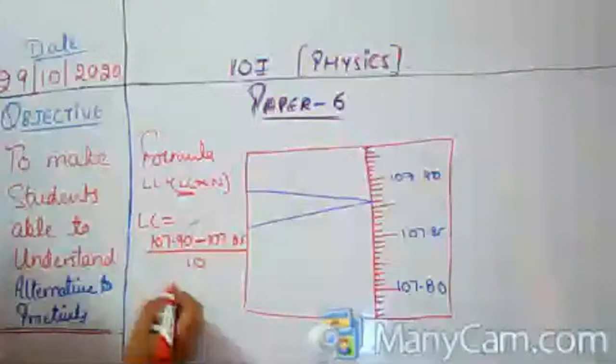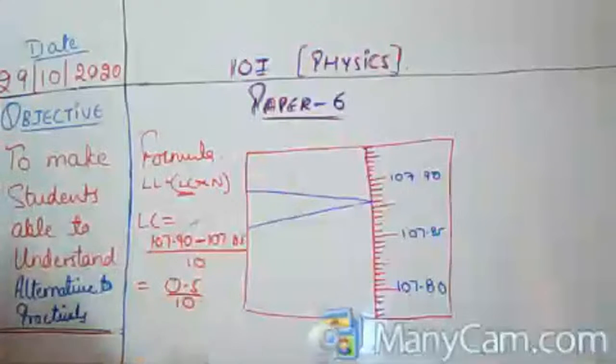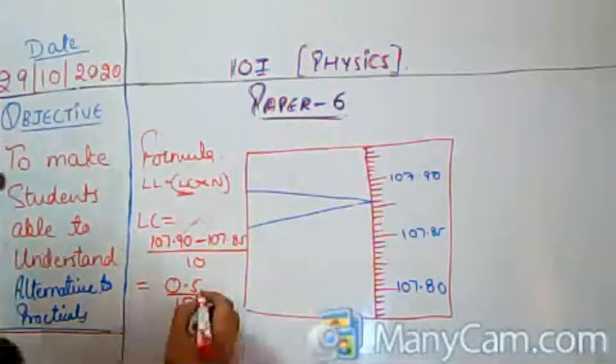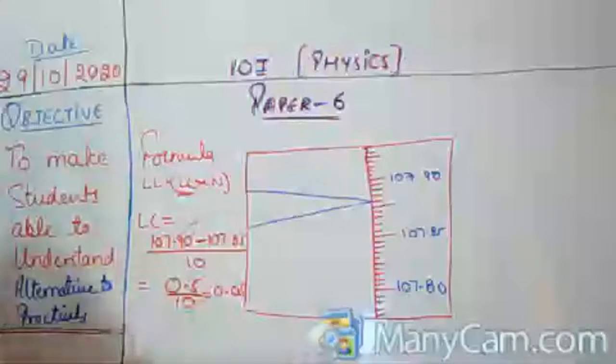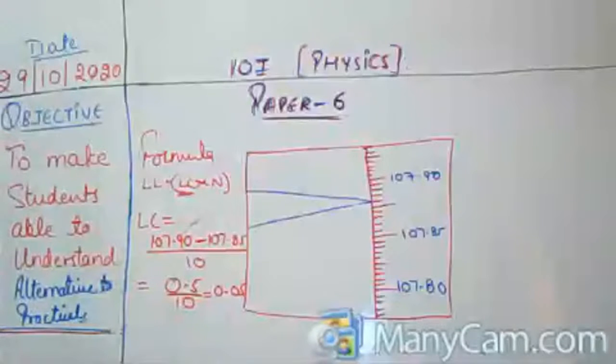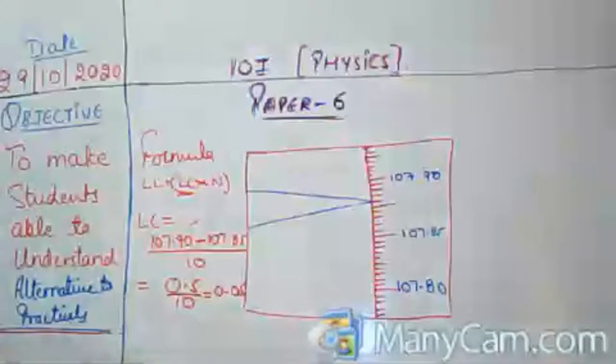It is going to be 0.5 divided by 10. That is 0.05. One point is already there, you have 10 in the denominator, so you have to shift one more place. So 0.05 is your least count.